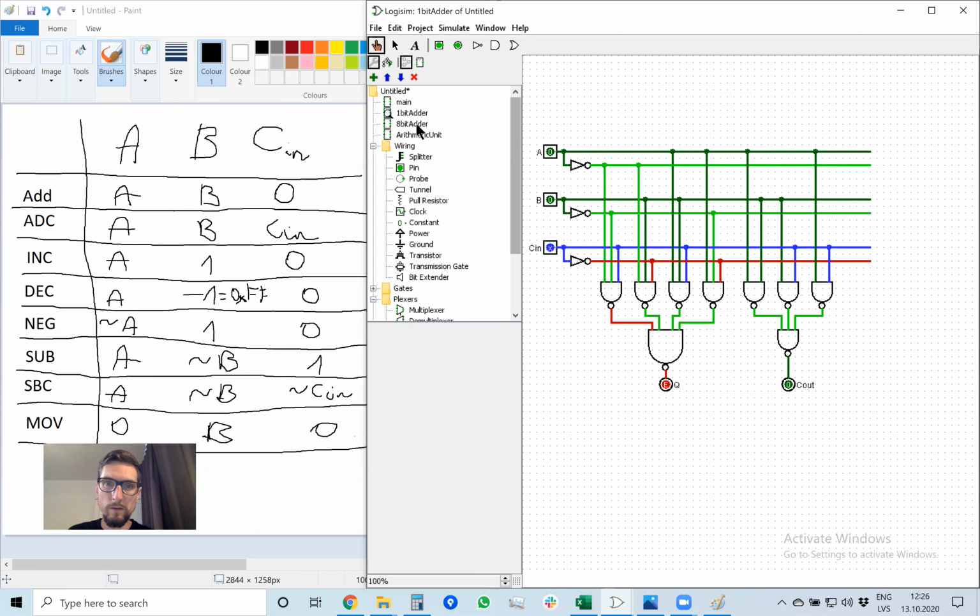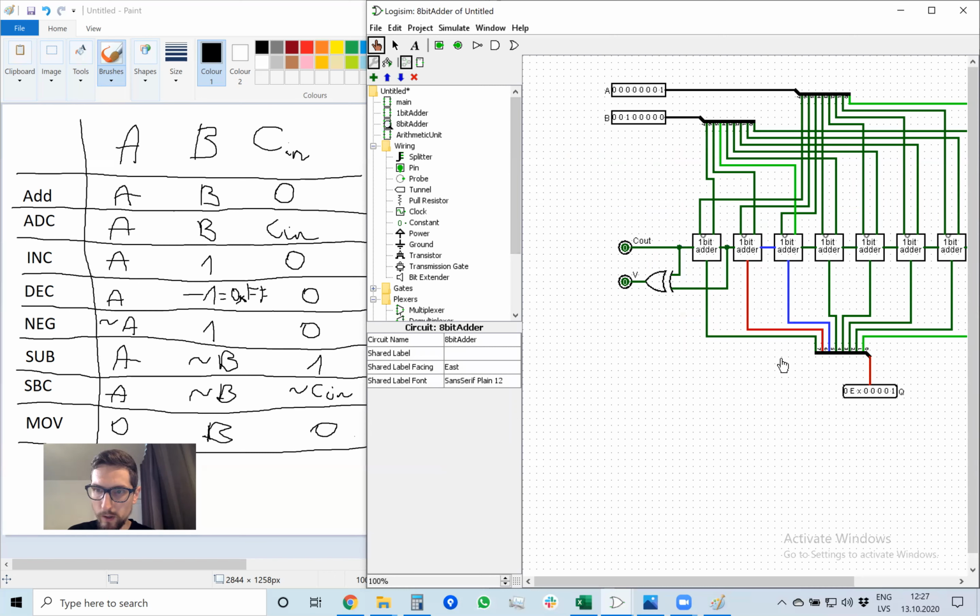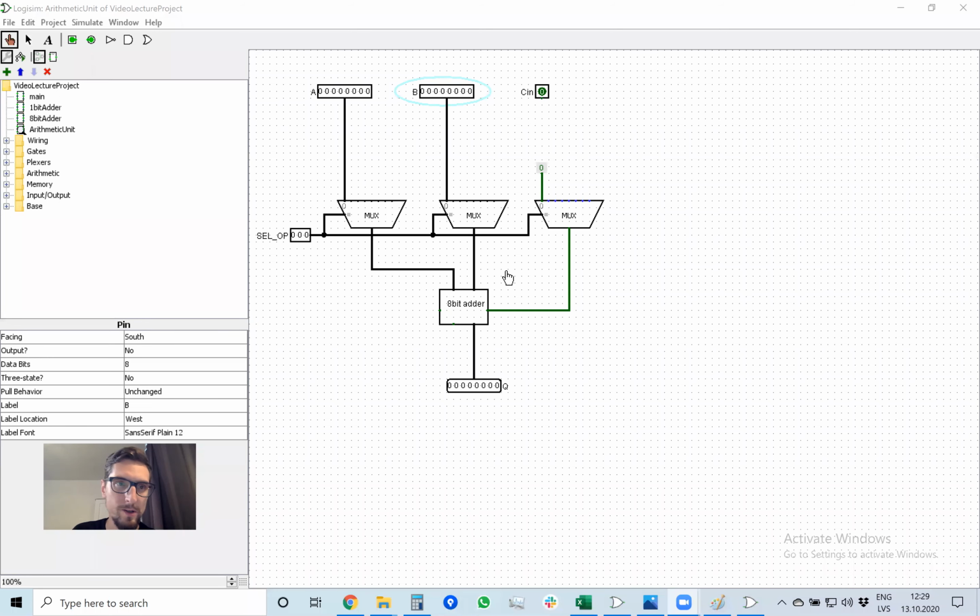Carry in is undefined, so maybe there is some problem with connection. Okay, let's fix this. Okay, everything fixed. I just need to close and open this Logisim. There was some error. Okay, let's check out.